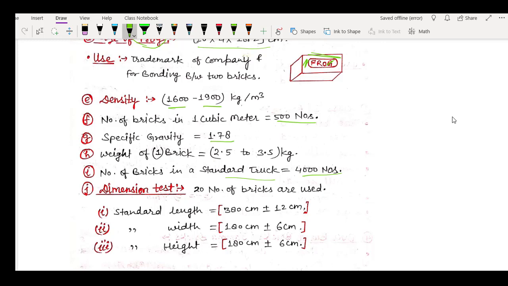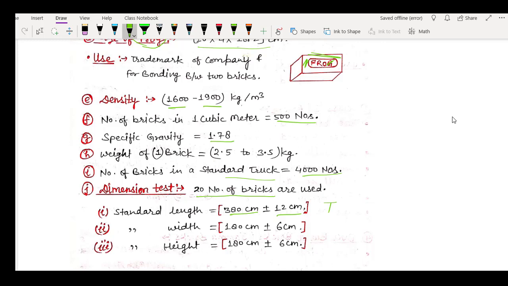After that there is a dimension test. For the dimension test, 20 bricks are to be taken for sampling. The standard length when measured for 20 bricks should come around 380 centimeter plus minus 12 centimeter. Here plus minus 12 is the tolerance value.